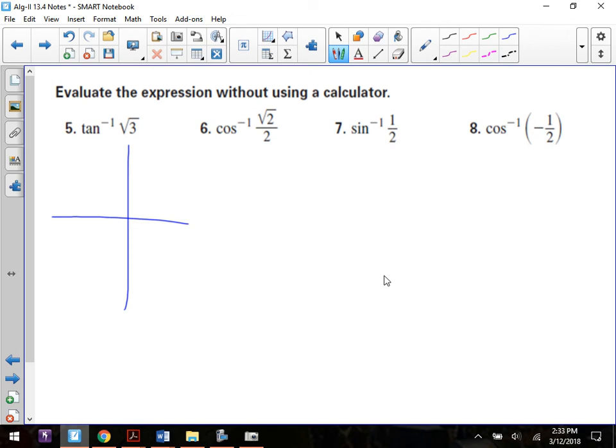That means my opposite is root 3, my adjacent is 1. What angle has an opposite of root 3 and adjacent of 1? 60. So it's 60 degrees, or in radians, it would be pi over 3.